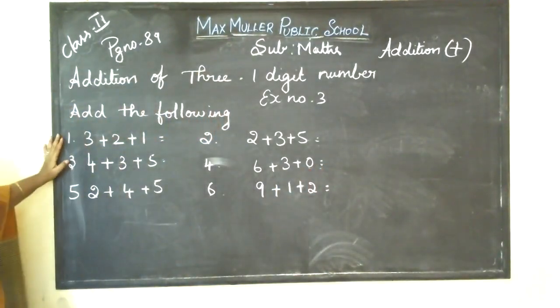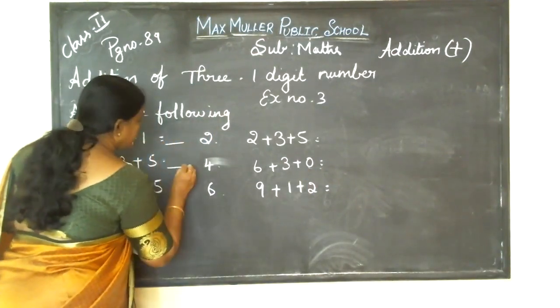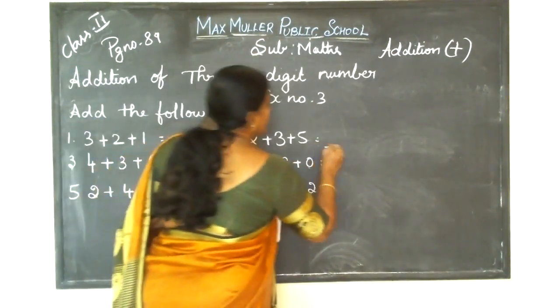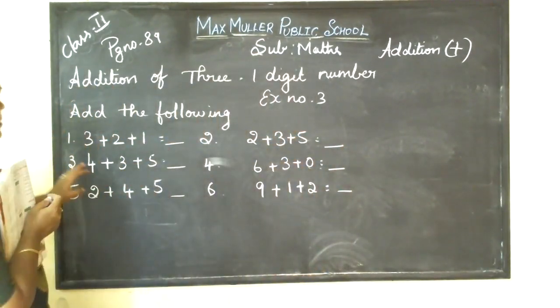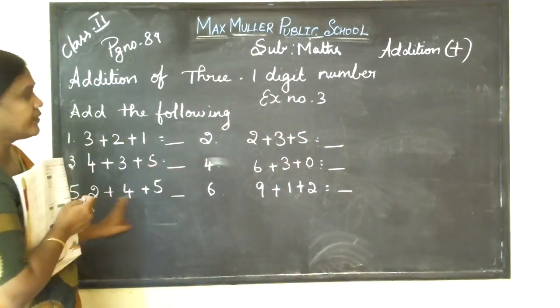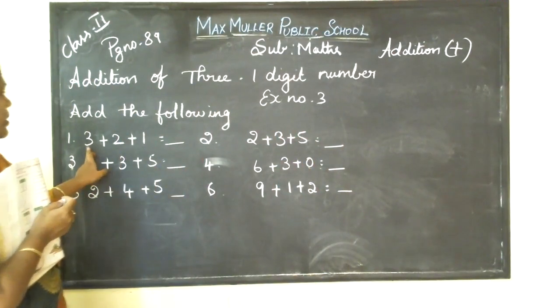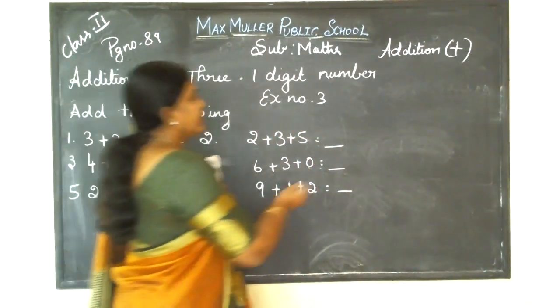See, exercise number 3, like this, children, we write only answers here. Do the sums in the rough note, write answers like this, understood? Means here first, second, third, fourth, fifth, sixth. First sum we will do. See this, they are given in a horizontal method. Now we will do it in vertical method.